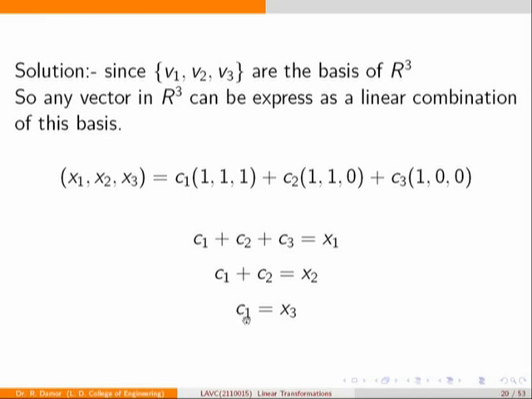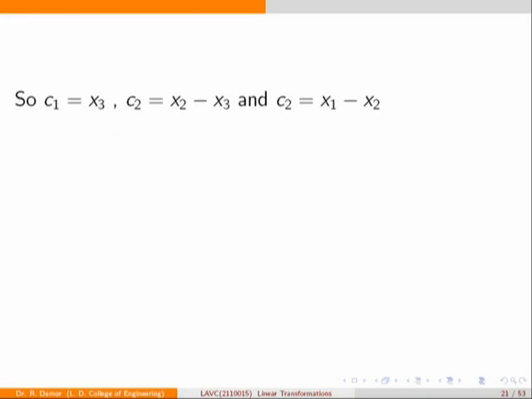This is the linear system, three variables. You can put down this value of c1. So c2 can be written as x2 minus x3. So you have a value of c1 and c2. Now you can put this value of c1, c2 into the first equation. So you get the value of c3. Now see this, what is the value of c1, c2, c3? c1 equal to x3, c2 equal to x2 minus x3, and c3 equal to x1 minus x2.